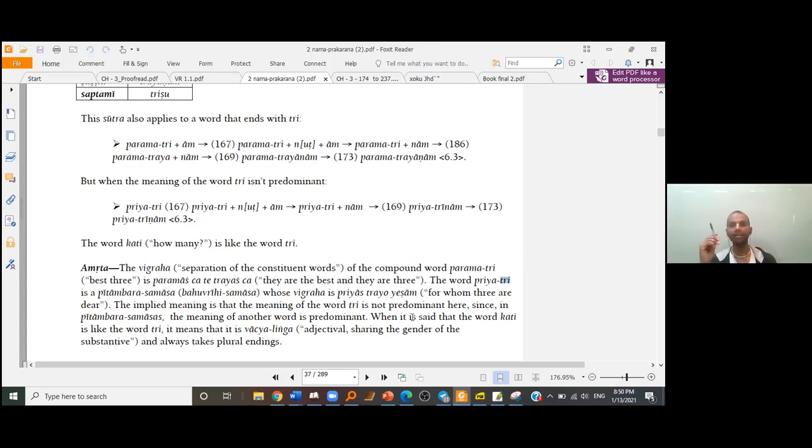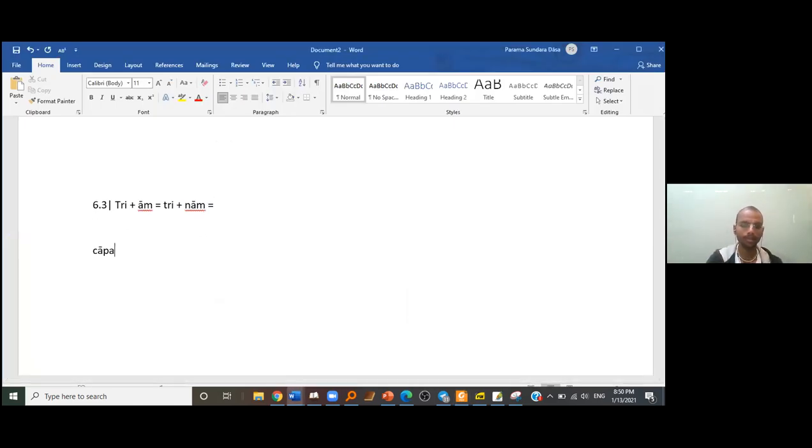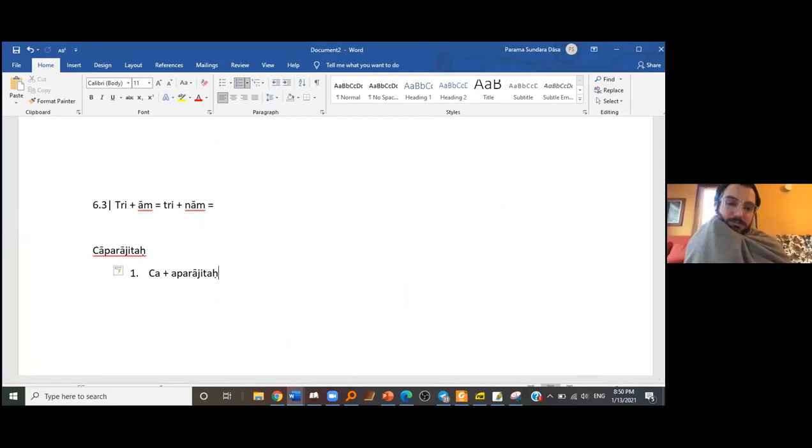Now the acharyas, I think Vishwanath Chakravarti Thakur, gives two meanings of that word, Chaparajita. One meaning is Cha aparajitah, which means and he is undefeated, not defeated.